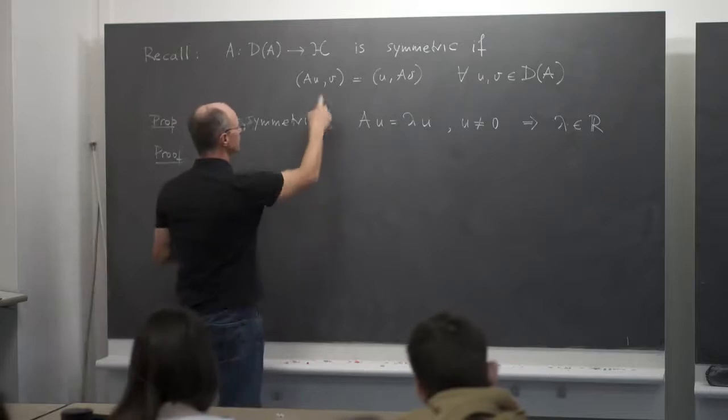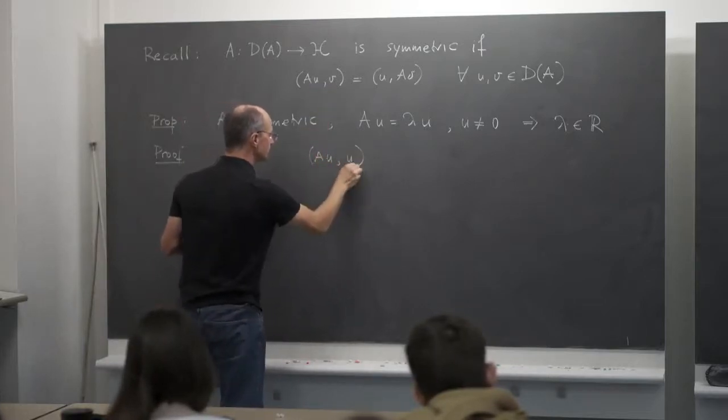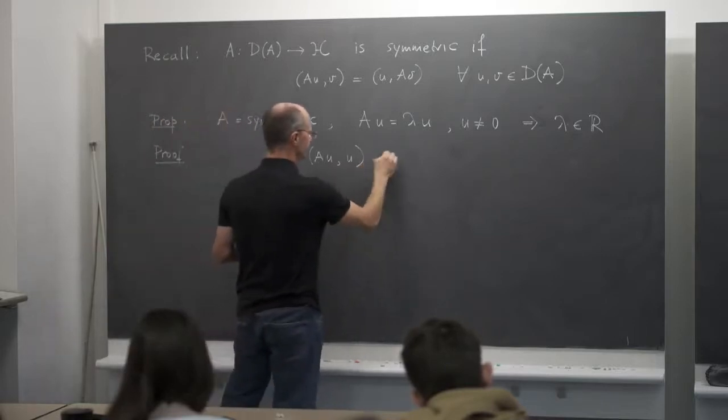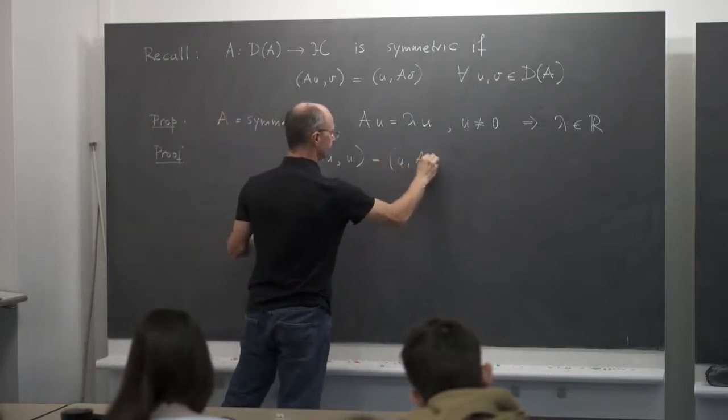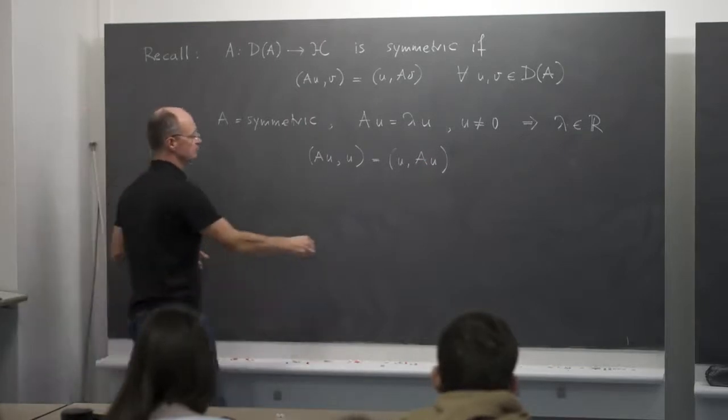Well, we write for this vector two sides of the definition. Here u is simply equal to v.